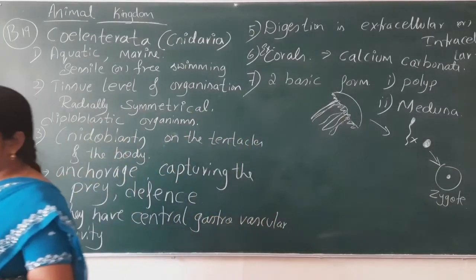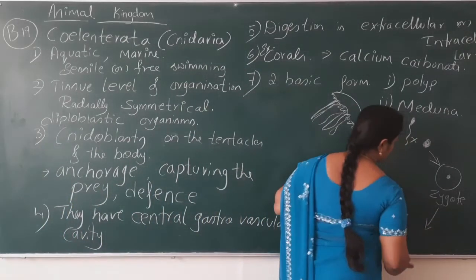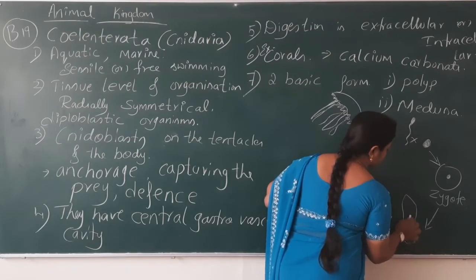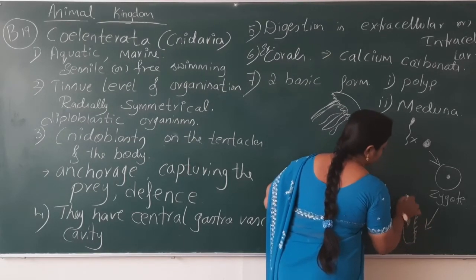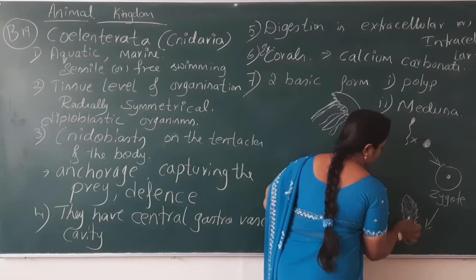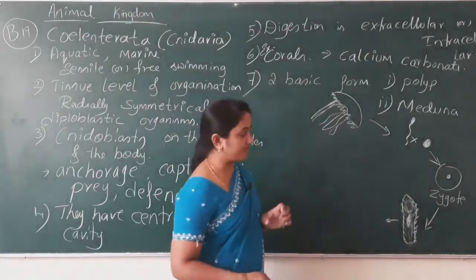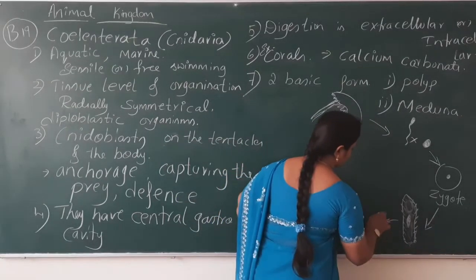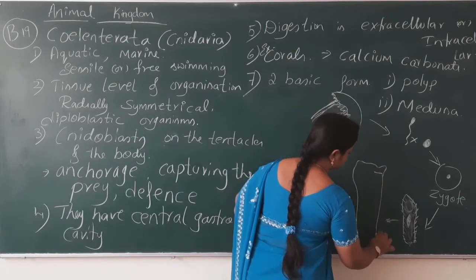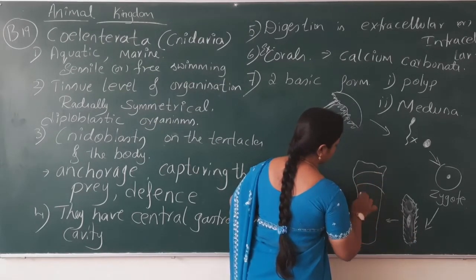After the zygote, it forms somewhat like this type of structure. And then after much more development, it becomes like this, and this is a sessile body.